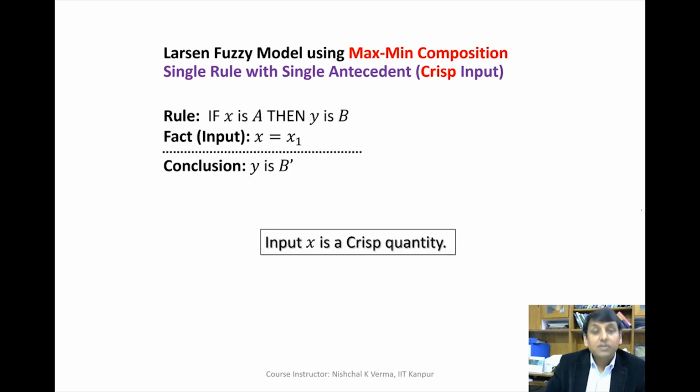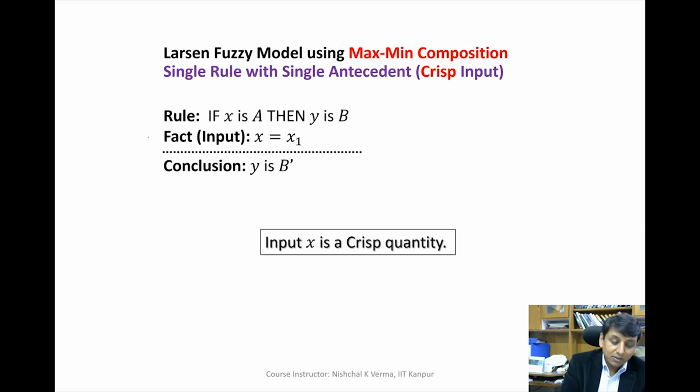Now let us move ahead and take the second case. In this case, instead of the fuzzy input, what happens when we use the crisp input?